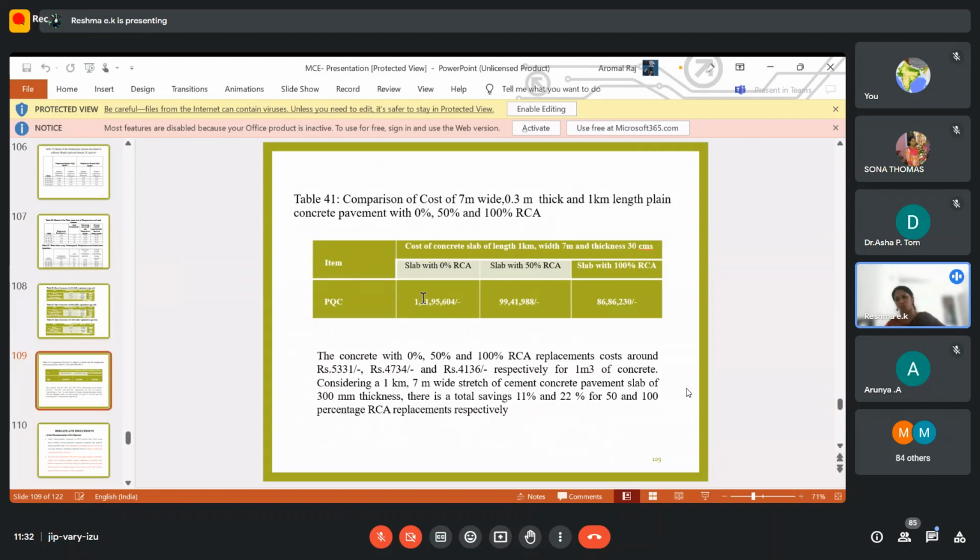Transportation cost also we need to include. That is why I said a detailed cost benefit analysis has to be carried out, and that depends on transportation, what kind of processing techniques, and how much they charge. All those things have to be taken into account.